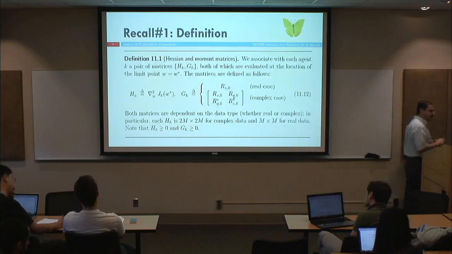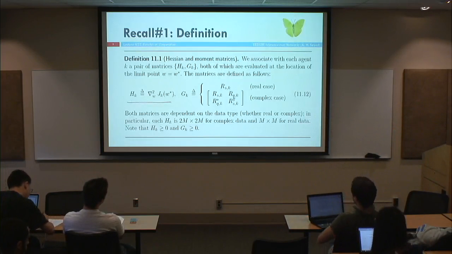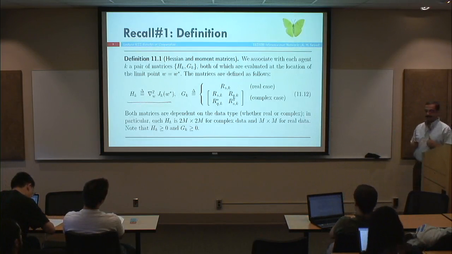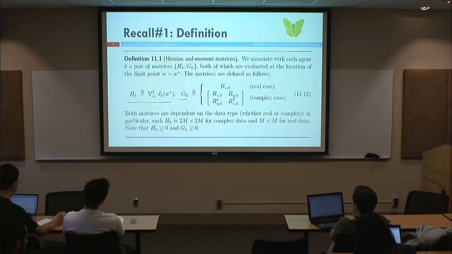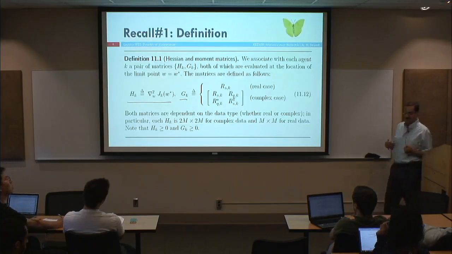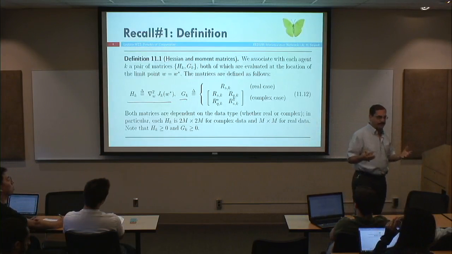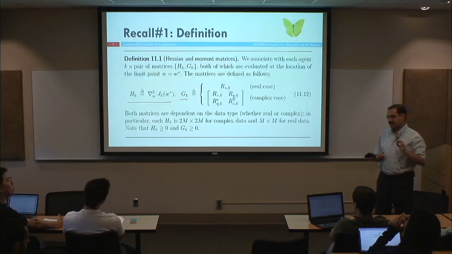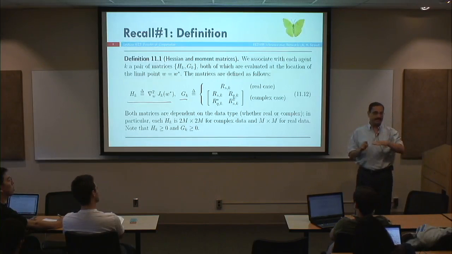So here I'm reminding you of the definitions. H sub k is the Hessian matrix at agent k at the Pareto solution. And G sub k is the gradient noise matrix. Remember that because we are dealing with the general complex case, we extend the gradient noise vector, where you put the s_k and the s_k star transpose.